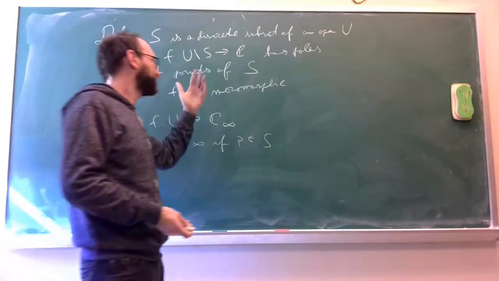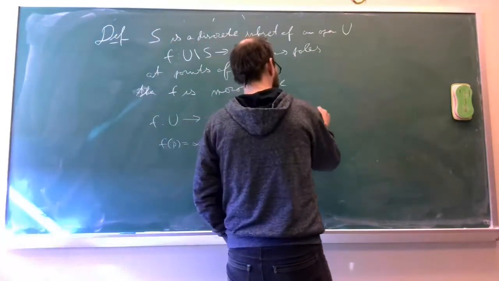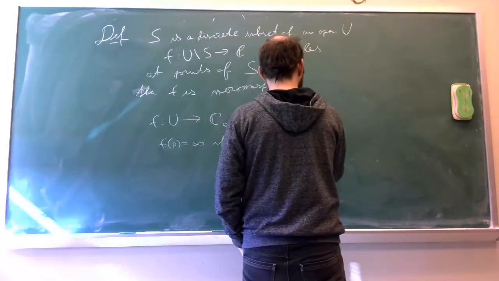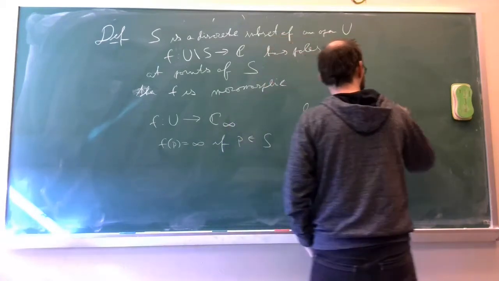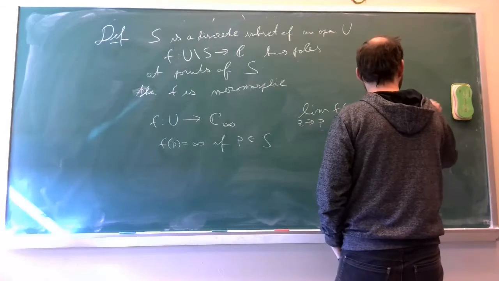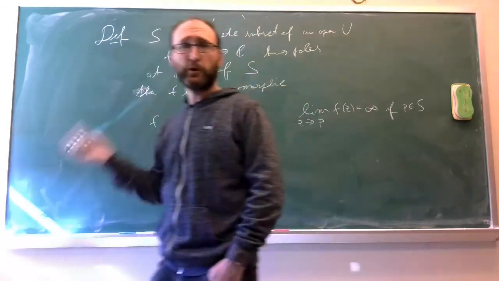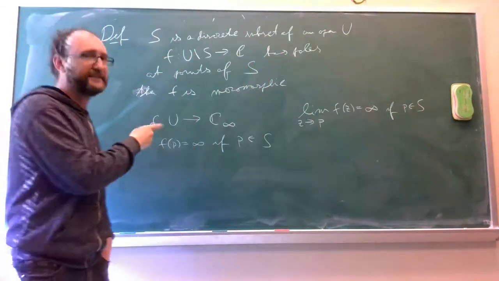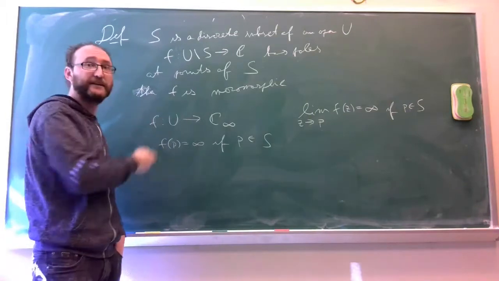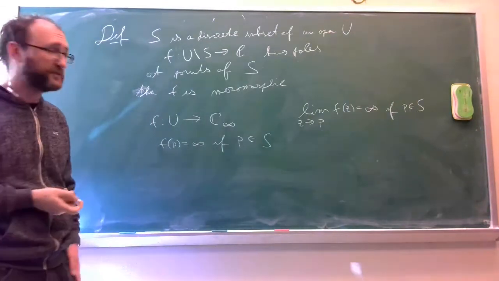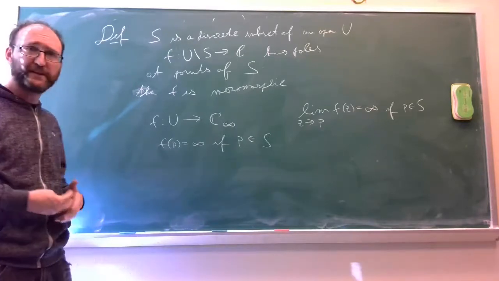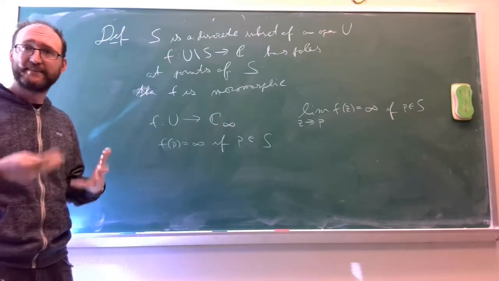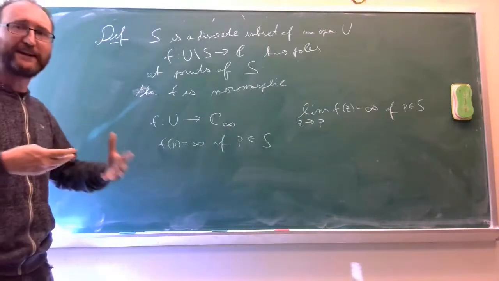Those are poles, so we do have that the limit as z goes to p of f of z is infinity if p is in S. So it makes sense to just set the function to be infinite there. So we really have not a complex valued function, but a Riemann sphere valued function.